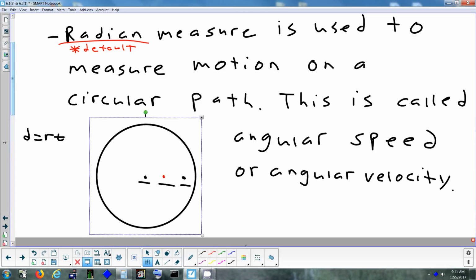They all made 1 revolution in exactly the same amount of time because they're all on the same disk. So they're all moving together. Well, that's a problem because now we have objects traveling different distances in the same amount of time. So what would that mean according to that formula? If you had an object that was traveling farther in the same amount of time as another object, what would that mean about it?